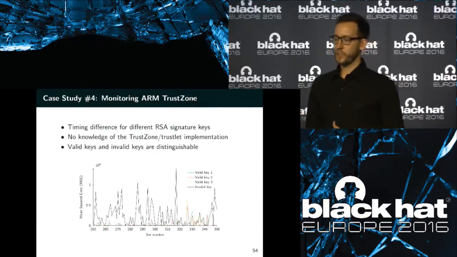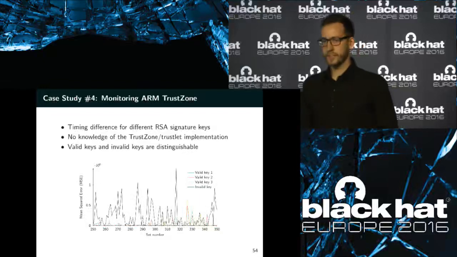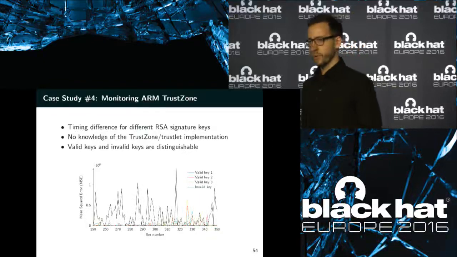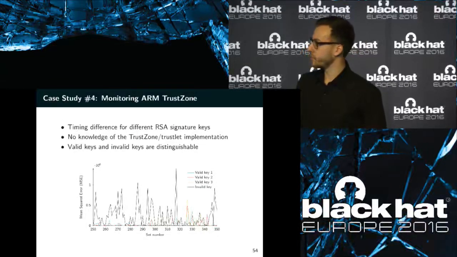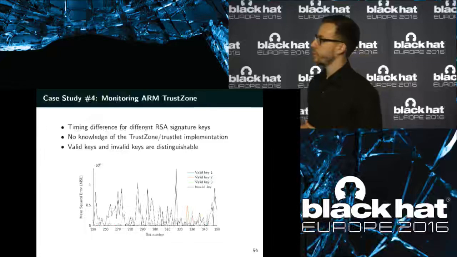What we can do is distinguish between valid and invalid keys that are processed in the TrustZone. On this plot, you see on the x-axis the cache set that is used, and on the y-axis the mean squared error from two measurements in comparison with the mean over all valid keys.